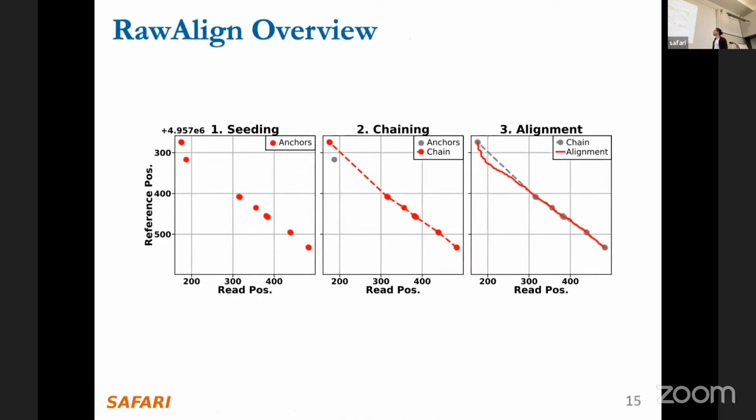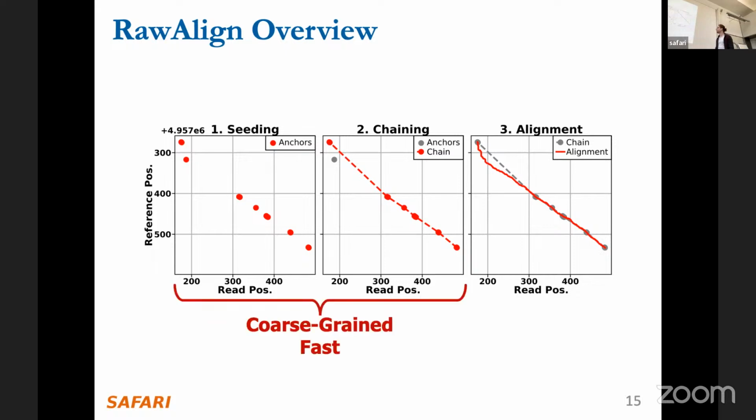So in RawAlign, we add a step to that. What you can see over here is alignment, where we take the output from chaining and we reevaluate it. But at this point, we do it at a much finer granularity. Before, we had a relatively coarse-grained, fast evaluation methodology where we could take huge amounts of data, right?